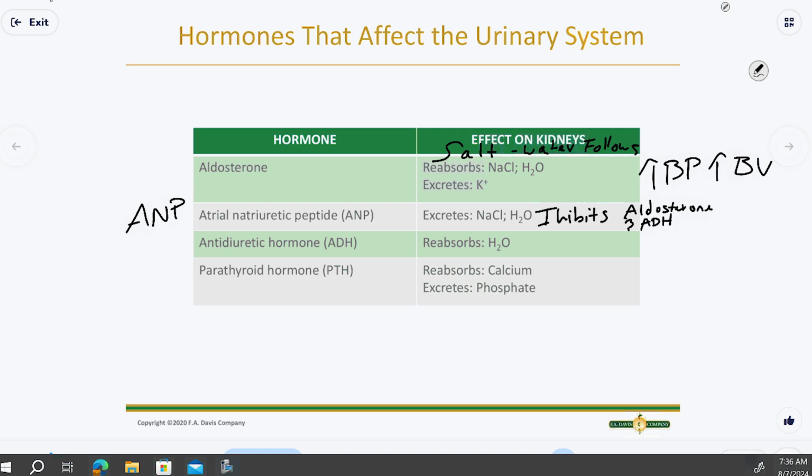So by stopping them, which both of those guys, if you look at that chart, are about raising blood pressure and blood volume, that means that it's going to get rid of sodium, which what follows? Water. So that's going to, I ran out of room here. Let me move this over.